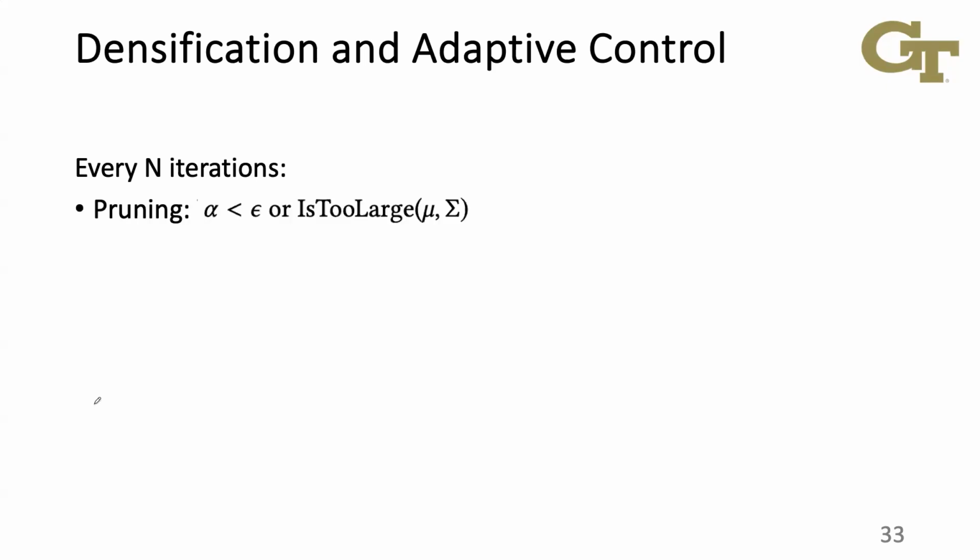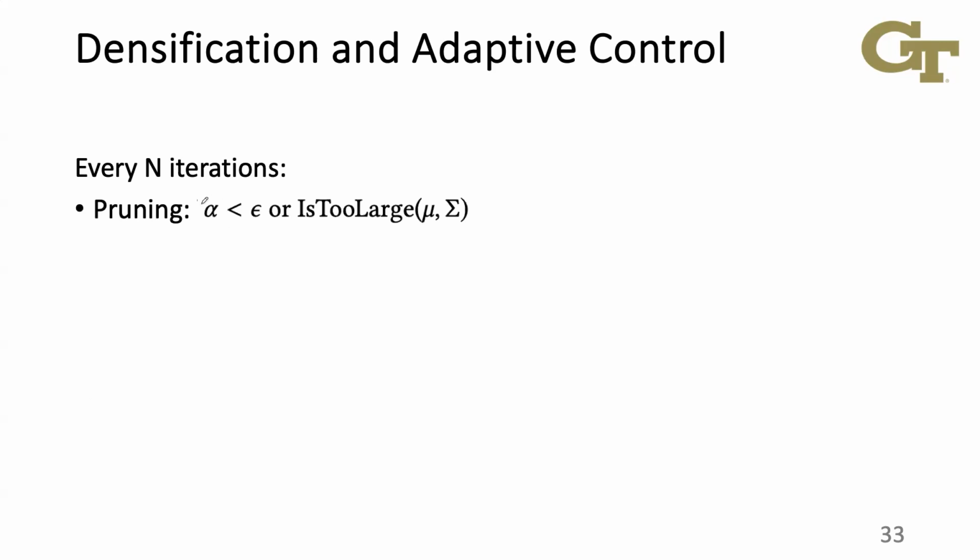And as I mentioned previously, we might want to put more Gaussians at some places or fewer Gaussians at some places based on the density of our details. So every n iterations of our optimization, we might be pruning Gaussians, so taking away, erasing Gaussians. And they describe 2 heuristics for this.